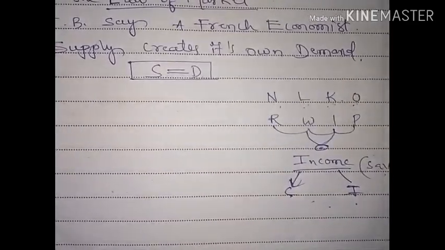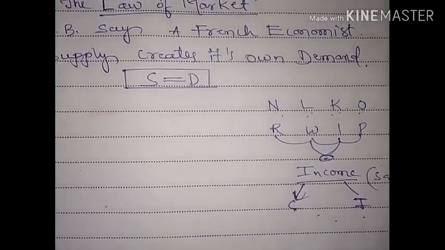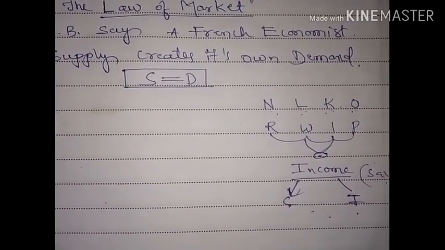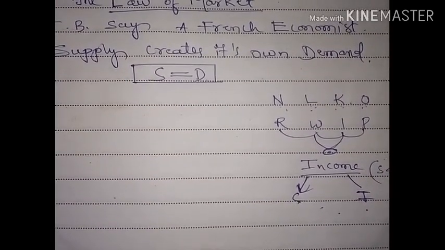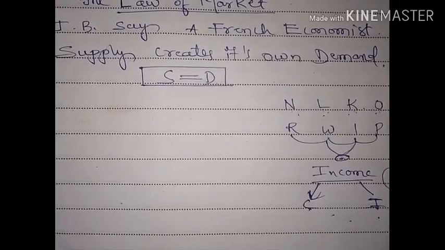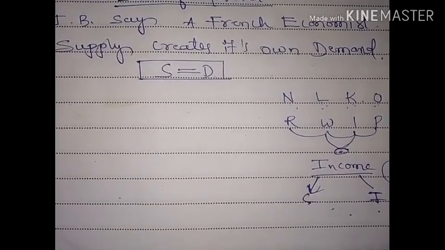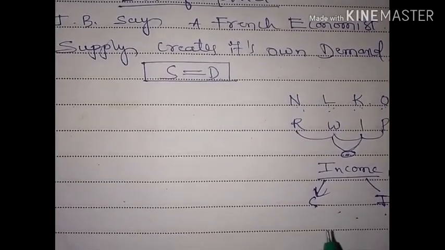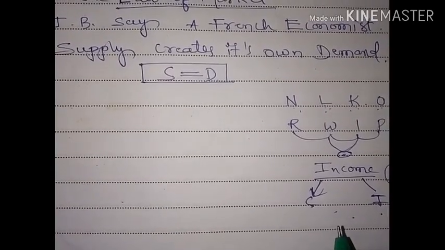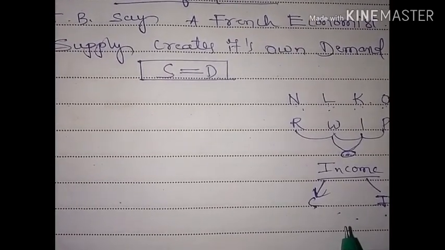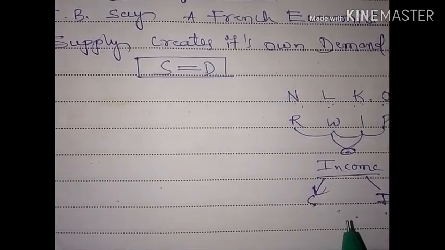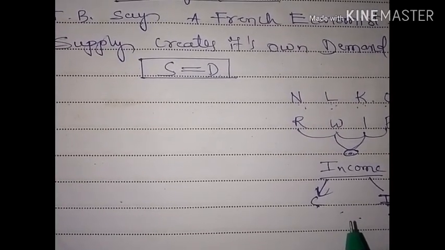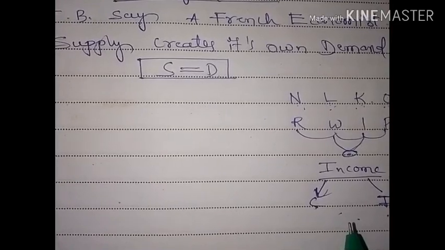Understood? So here J.B. Say says that there is no over and excess production of goods and services. Why? Because if anybody produces over output, then the producer has to suffer loss.